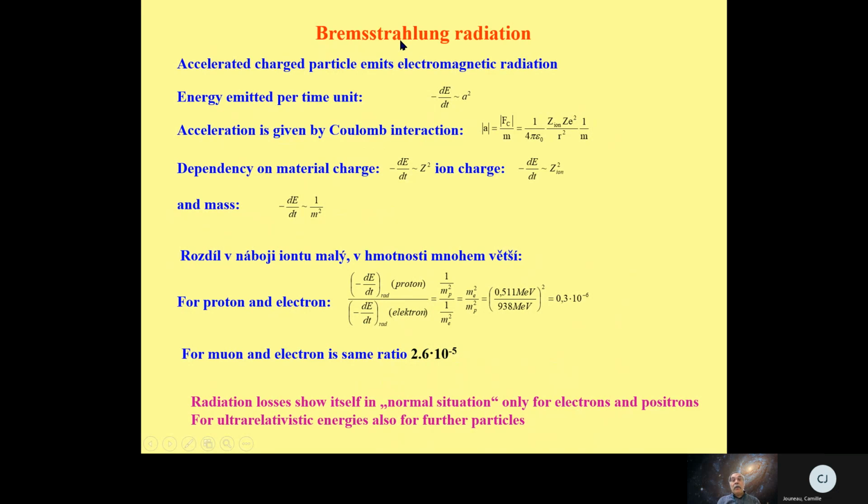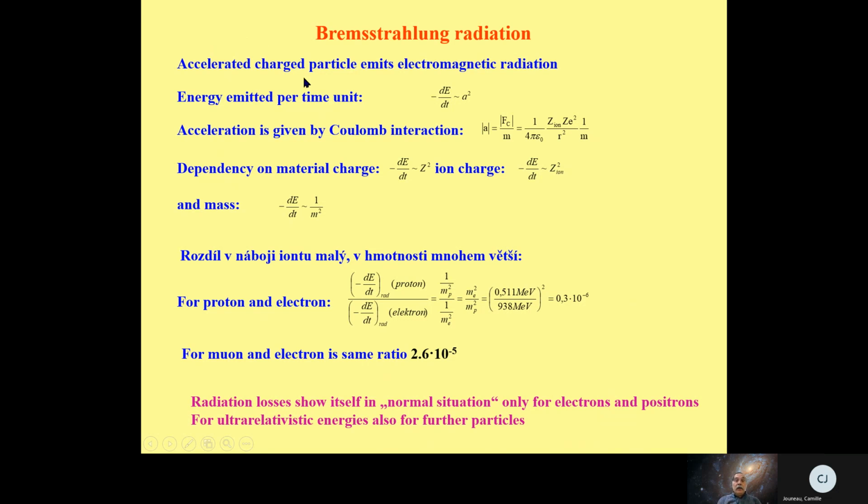Okay. For light particles, I said to you that the second very important process is Bremsstrahlung radiation. Accelerated charged particles emit electromagnetic radiation, and for high energy particles we have high energy gamma radiation.